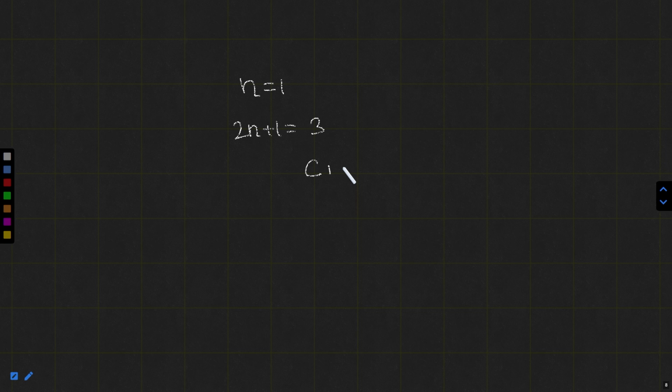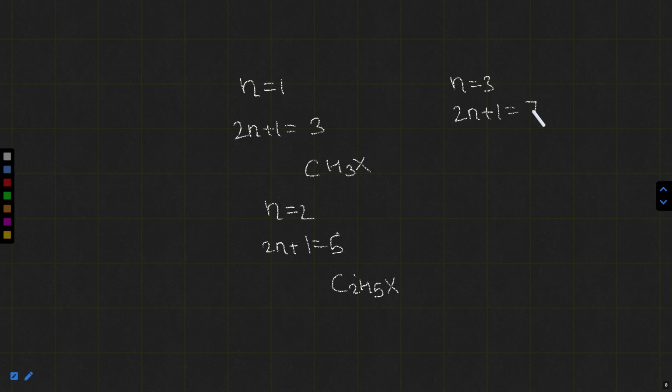Similarly, if n equals 2, 2n plus 1 is equals to 5. So we will get C2H5X. Again, we can have n equals 3. That would give us 7. That would be C3H7X.